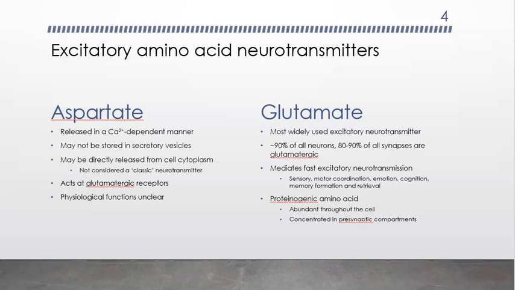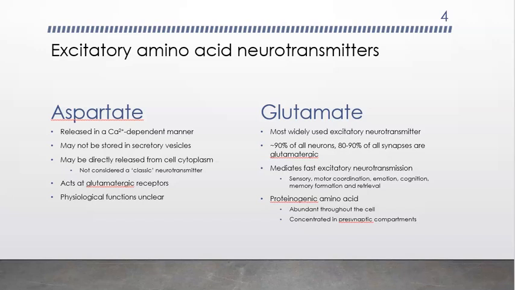We'll talk about just how fast later, but it's real quick. It's involved in pretty much everything in the brain, from sensory to motor coordination, emotion, cognition, memory, retrieval. It does it all.